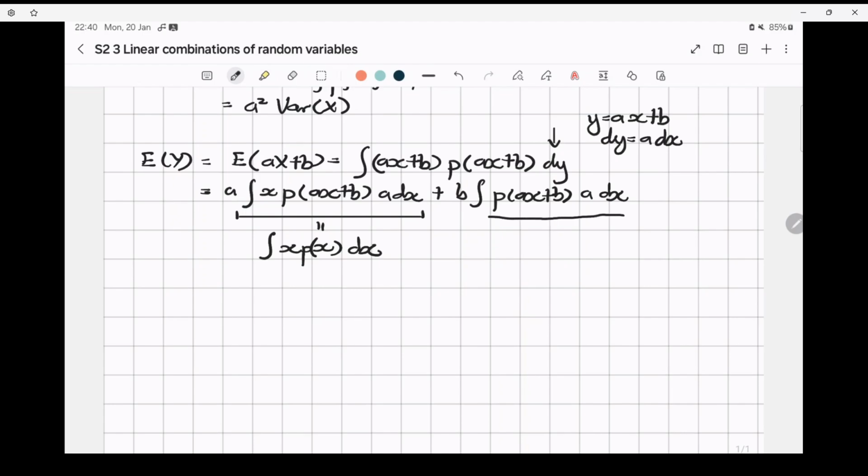So this is also because of the integration by substitution. That's why you transform into the upper form. But what really is just integrating px dx. So then you have aEX plus b.